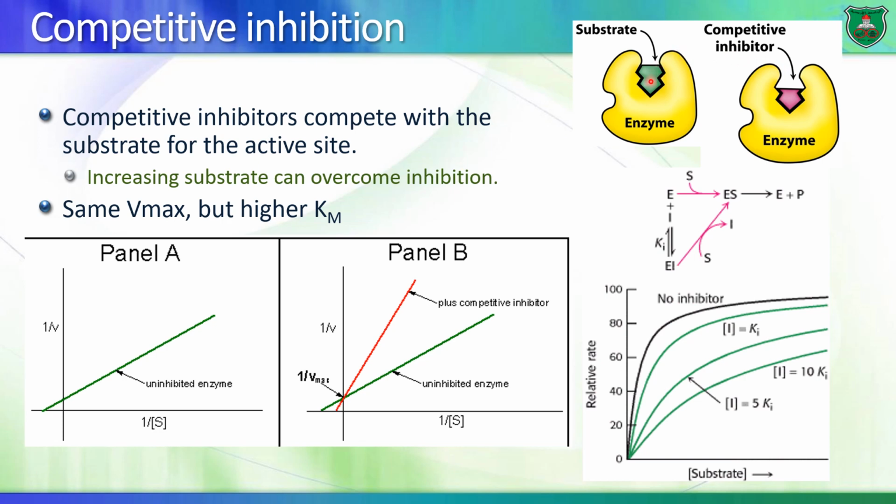So it competes with the substrate in binding to the active site, and that's why they are known as competitive inhibitors. Now, do they affect the Km or the Vmax of enzymes?